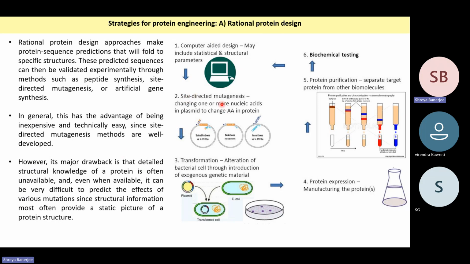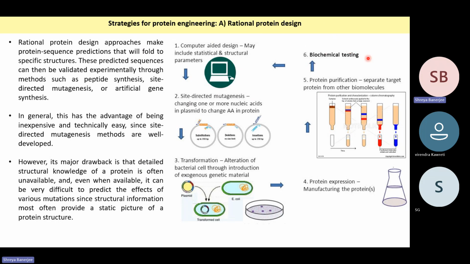So site-directed, depending on the site, mutagenesis, amino acids are mutated. Then the plasmid is put in the expression system, generally E. coli, and the protein is allowed to be expressed. After expressed, the protein is purified by various methods we have seen before, and then the purified protein is tested.